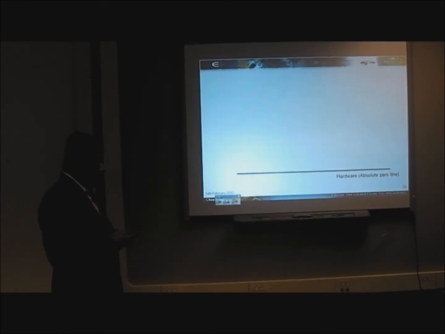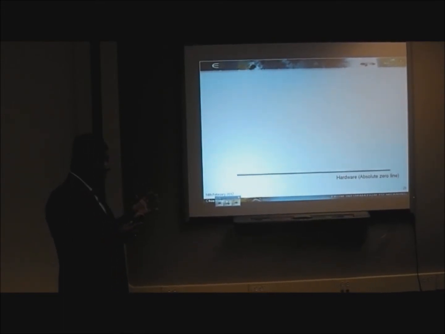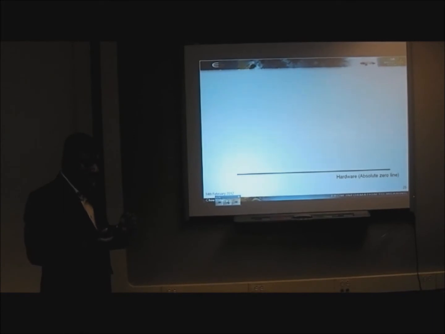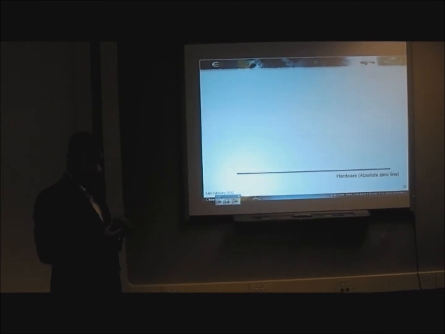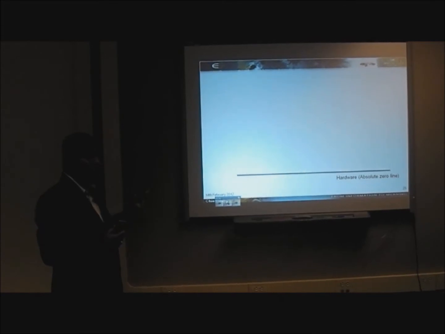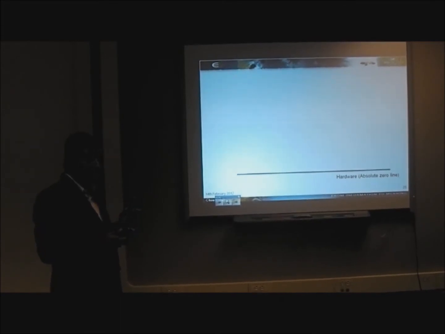Let me show you. The absolute zero line in this context is hardware. What it means is if you write software, it has to run on some hardware at the end. That's the point, right? So that's the absolute zero line.